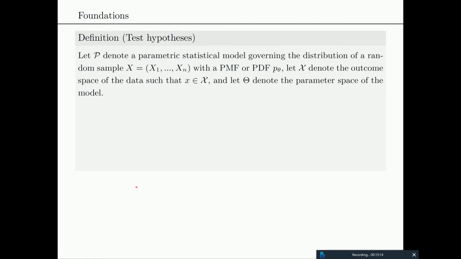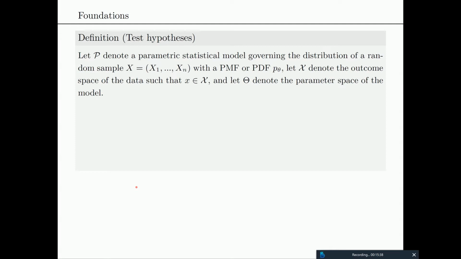Then now, foundations. This is again this definition-theorem approach to have a precise language about what hypotheses are, what tests are, what test statistics are, and so on. And of course, we are still in the parametric setting, so we are dealing with a parametric statistical model that governs the distribution of a random sample X, which comprises random variables, each modeling individual data points.